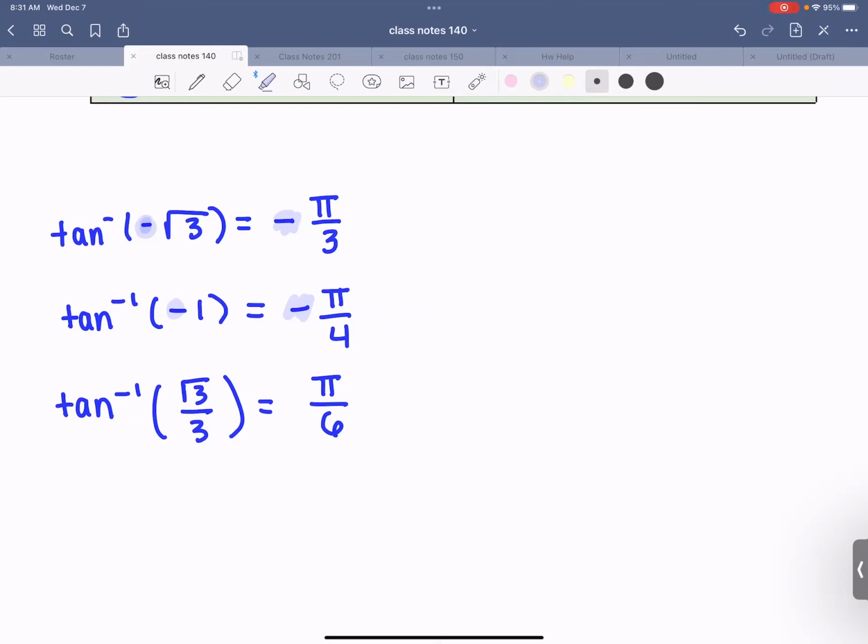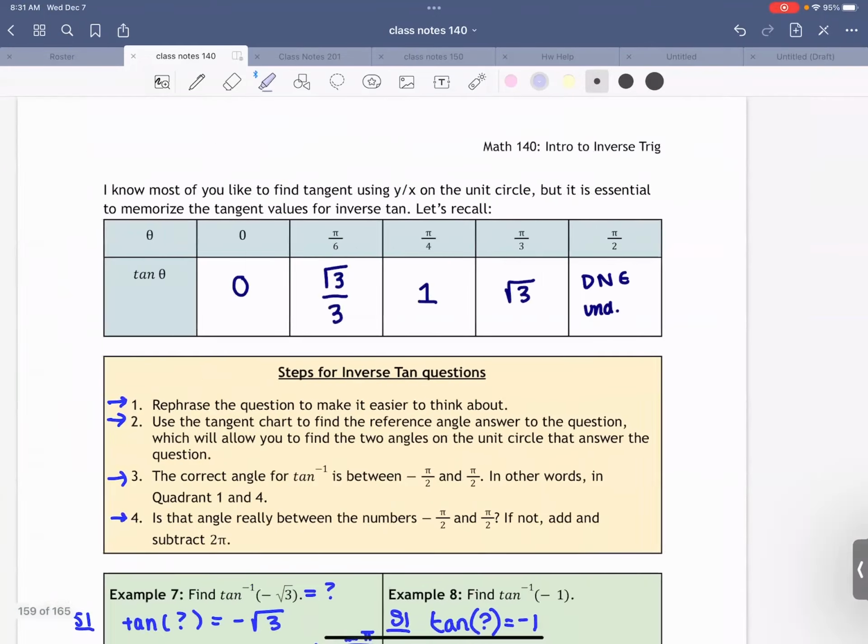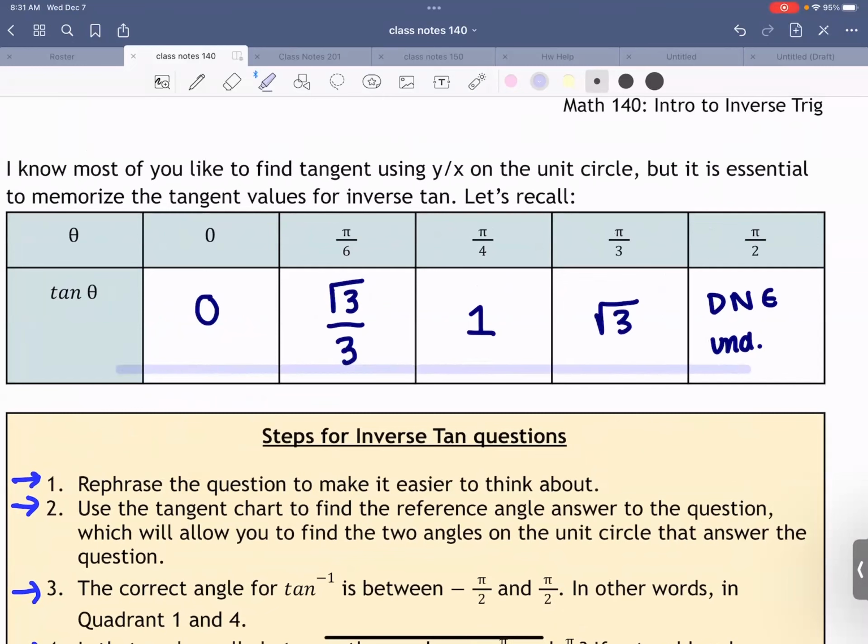Same thing with quadrant 1. So if you want to do a little cheat to do this a little bit faster, one thing that you can think about is, if I know that the denominator is going to be the same, so I know that the angle is going to be the angle in this chart. If you're finding the tangent of a negative angle, just put a negative sign in front of it. Okay, does that make sense?